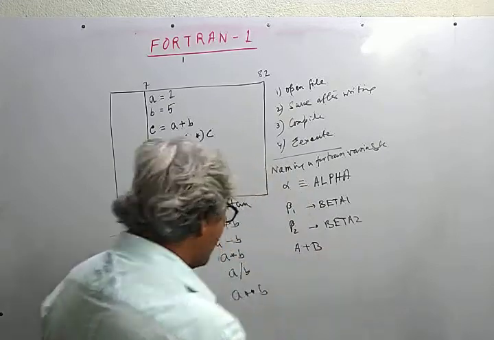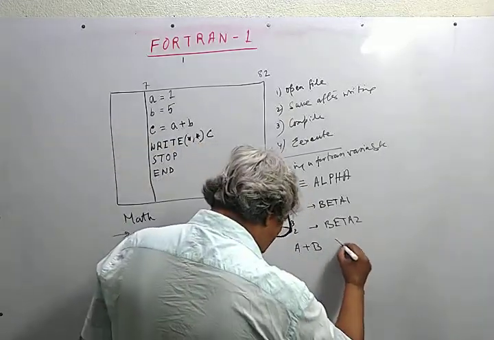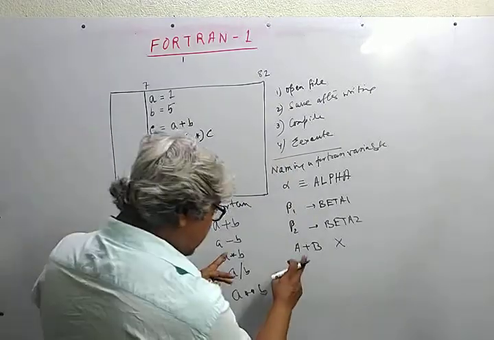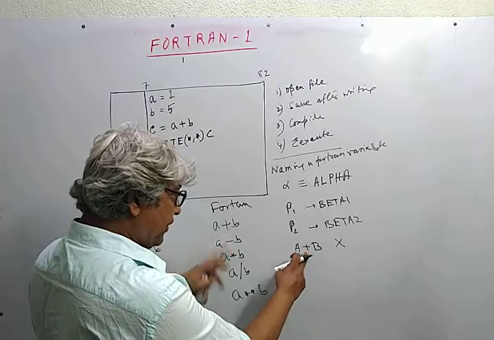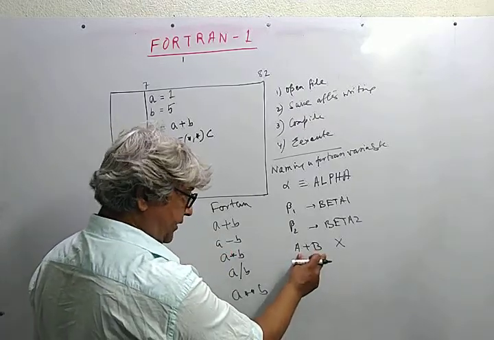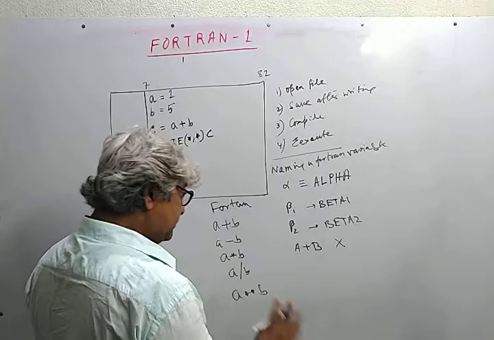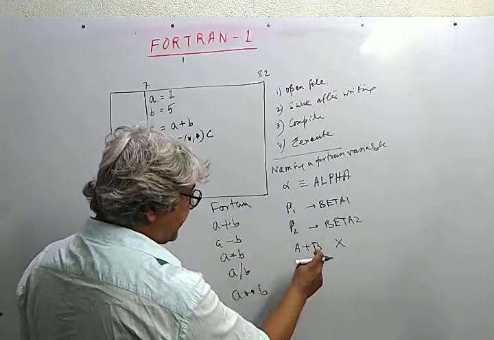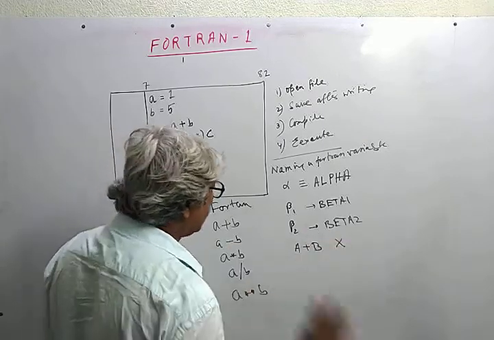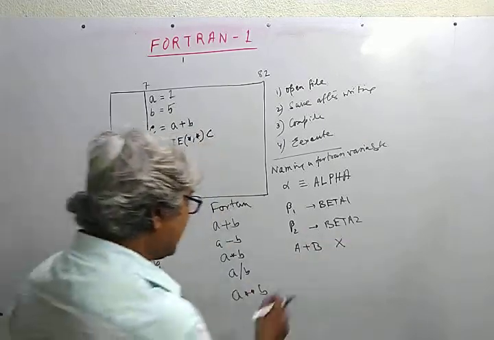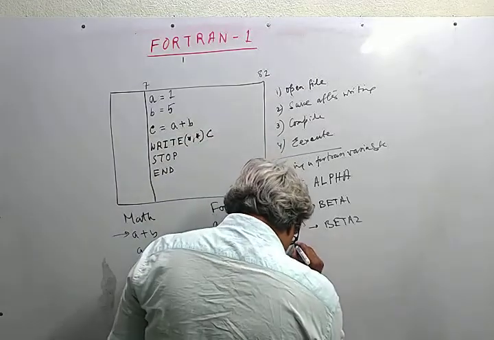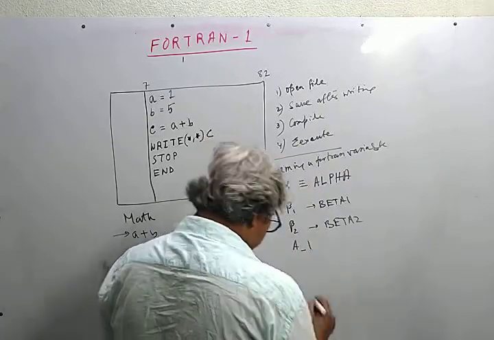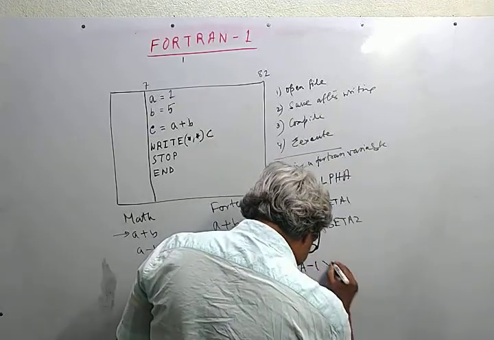This is not a valid technique, because the computer will be confused whether it is the addition of two variables or not. That's why such operations cannot appear within the name of a variable. But one can write A_1. This is allowed, but A-1 is not allowed.